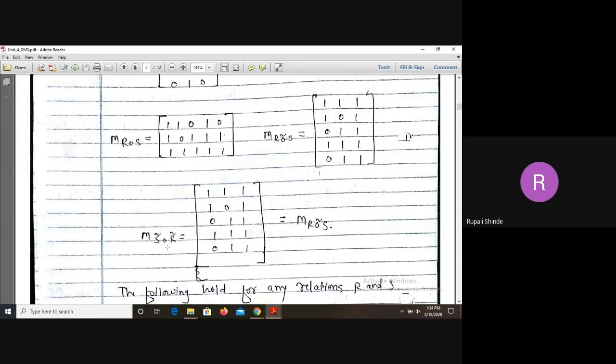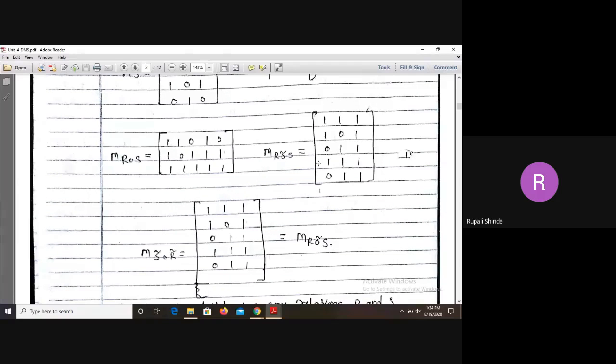Now check here. If you solve this, you will get the same answer. The matrix for the converse of R composition S is given here, which is what I found. Now the matrix for S converse composition R converse: if you check all the values, you will see these two matrices are the same.